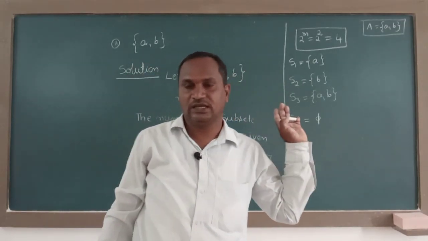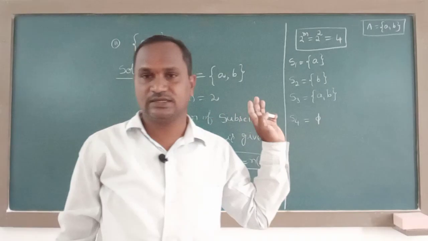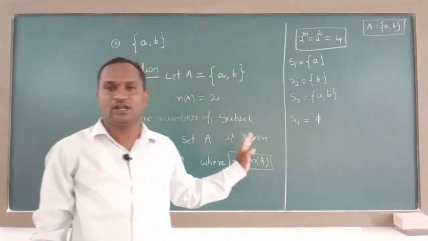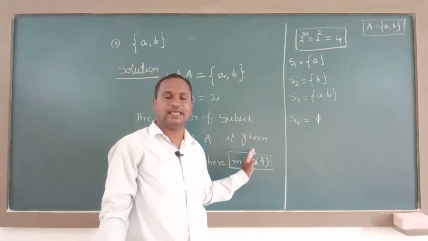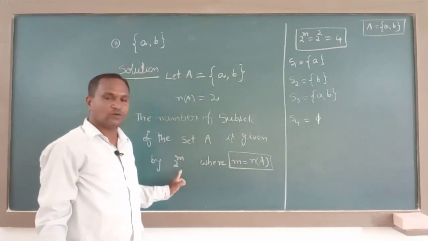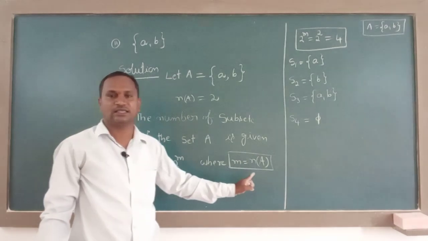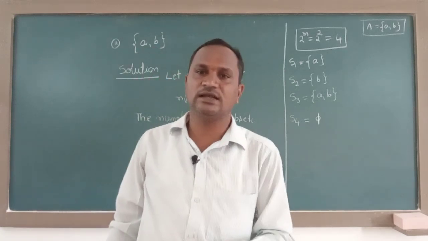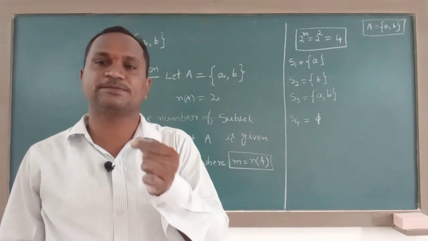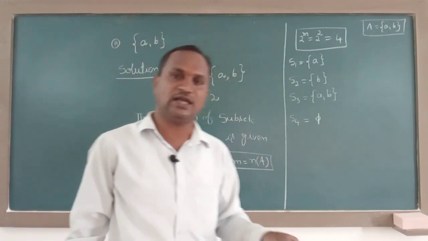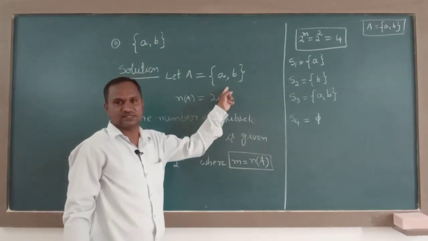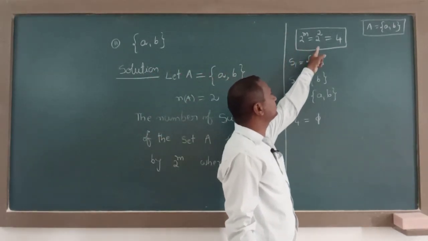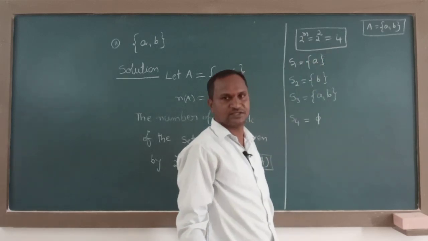When I told the definition of subsets and the definition of power sets, at that time I gave this formula: the number of subsets of any set A is given by 2 to the power of m, small letter m, where m is n of A. n of A means the cardinal number of that set, that is, the number of elements present in that set. According to that, here we have only two elements, so 2 to the power of m is equal to 2 squared, which is equal to 4. 4 subsets.